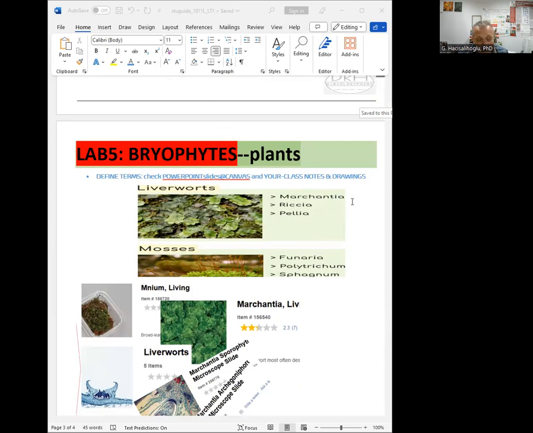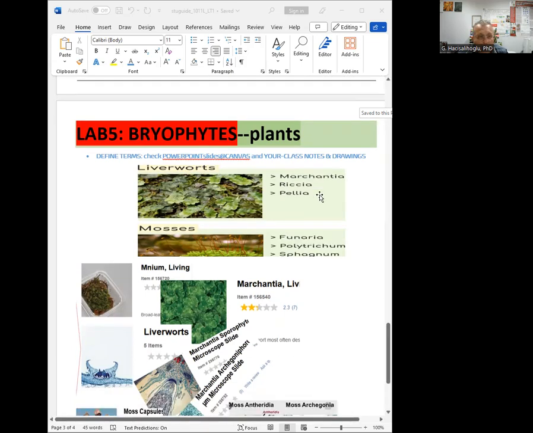Later in the labs we will see seedless vascular plants, and gymnosperms and angiosperms. So lab 5 covers only bryophytes, and only 2 phyla: mosses, which is Bryophyta, and the second phylum is Hepatophyta, which is liverworts.